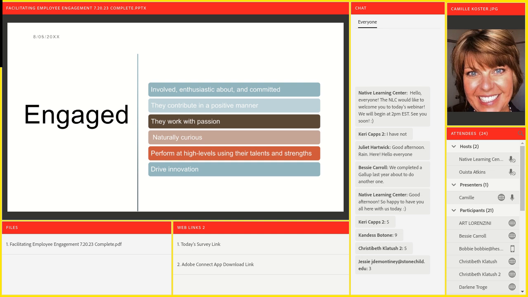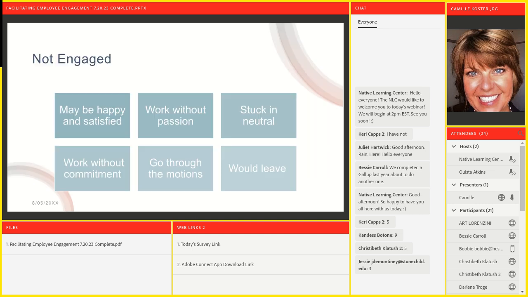So next, let's talk about the next category, and this is the not engaged. So these employees are more difficult to spot because they're just not exceeding and going beyond everything that you've asked them to do, yet they're not checked out, and they can be difficult to spot.